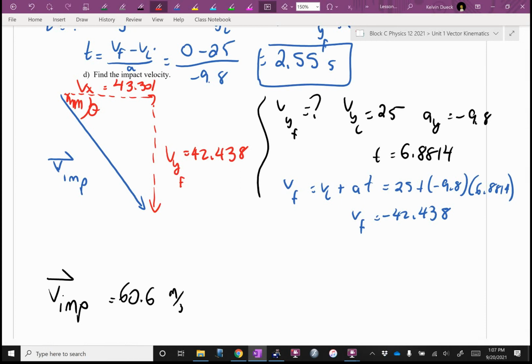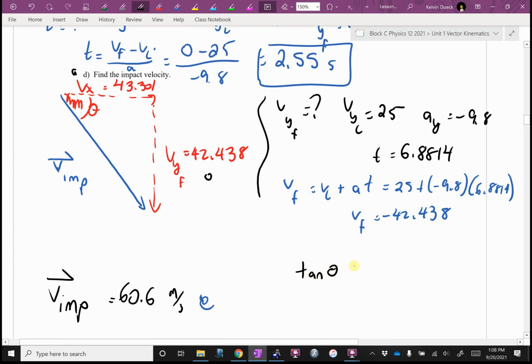How can I find the direction? Well, Vy, opposite, adjacent, or hypotenuse? Opposite. Vx, with trig function. Sorry, I wrote x, adjacent.